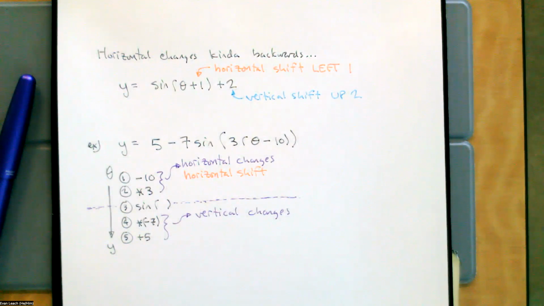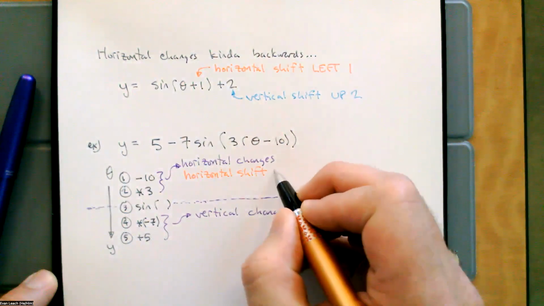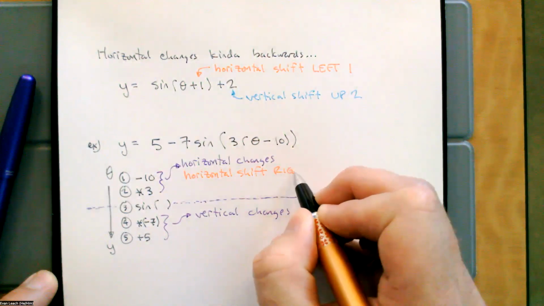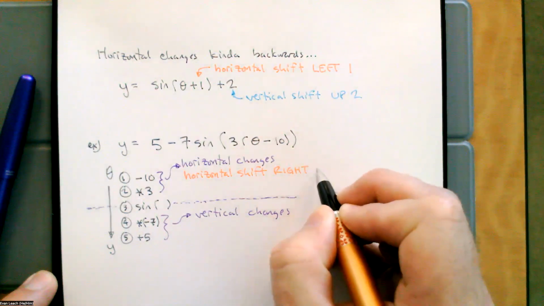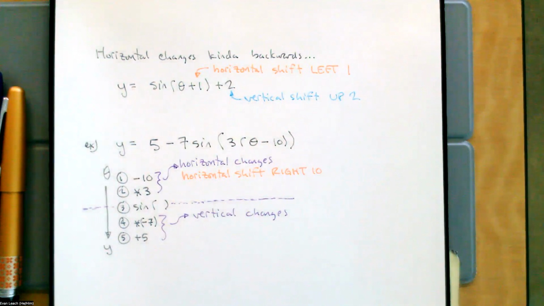And it says -10, and even though minus is supposed to be to the left, it's a horizontal change, so it's going to be right 10 units. So that -10 represents a horizontal shift 10 units to the right.